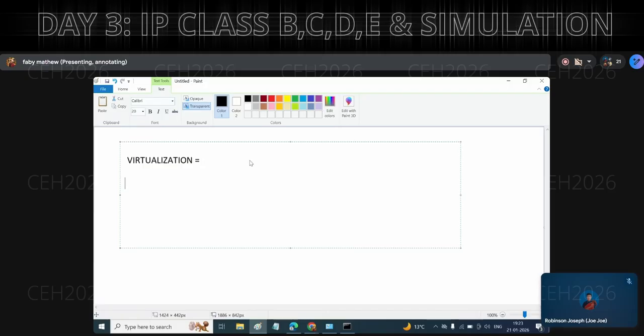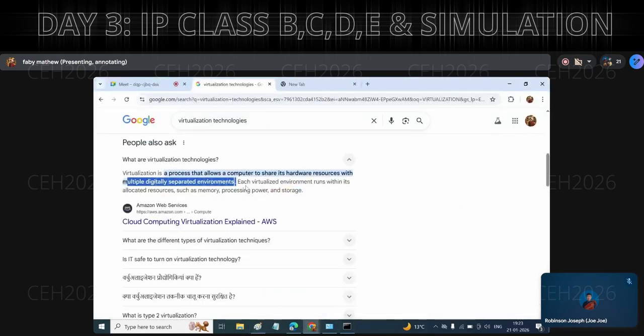Virtualization is a technique through which we can share our memory, processing power, and storage. That means we can share the CPU, the RAM, and the hard disk storage. This is known as virtualization.